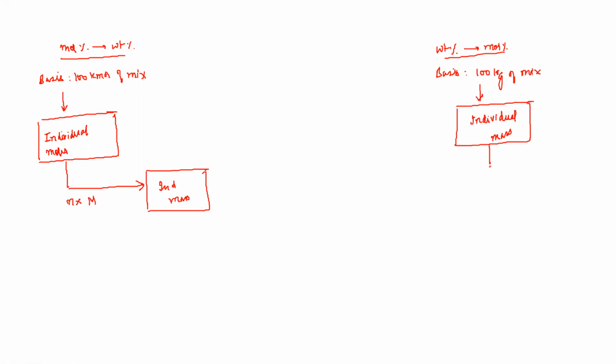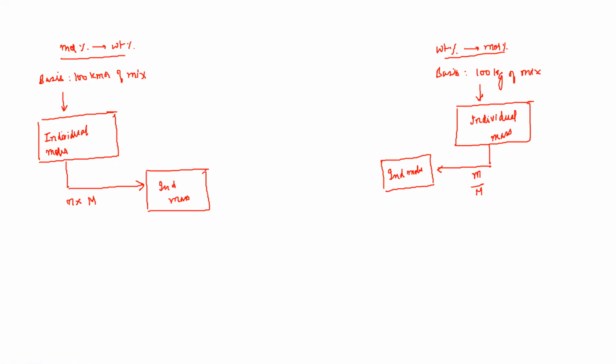Similarly, using individual mass, you can get individual moles by dividing the individual mass by the molecular mass.